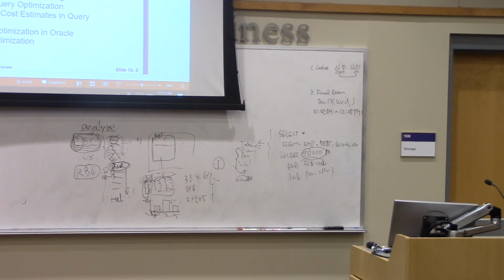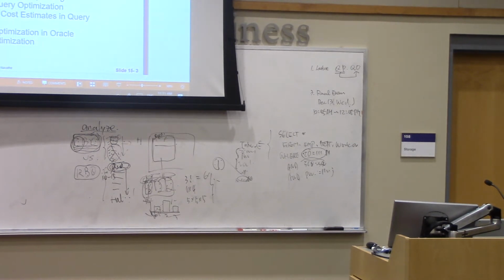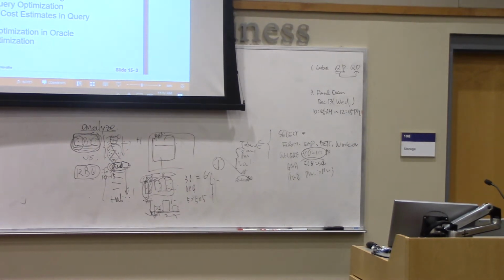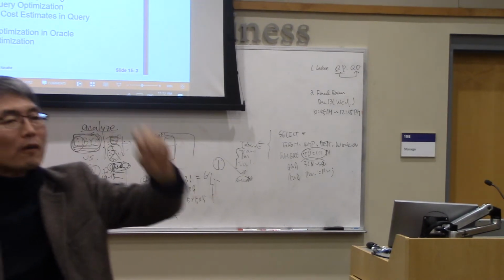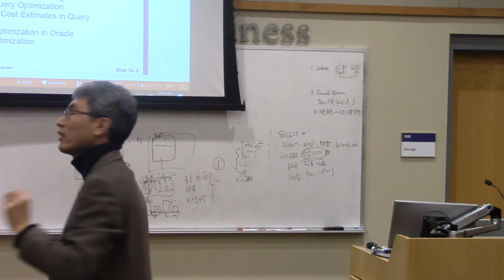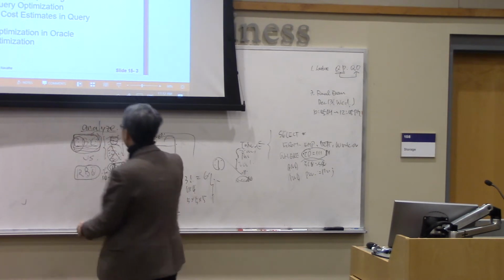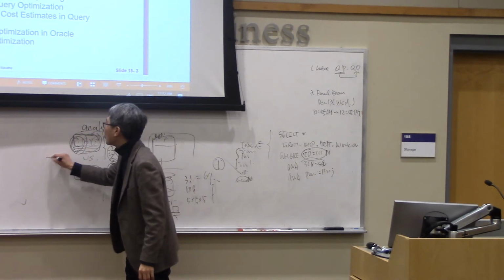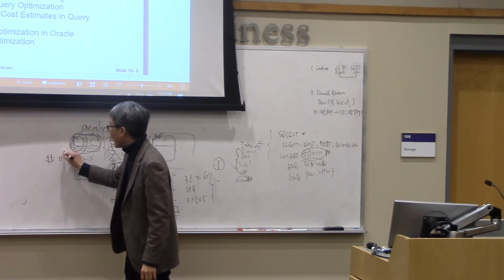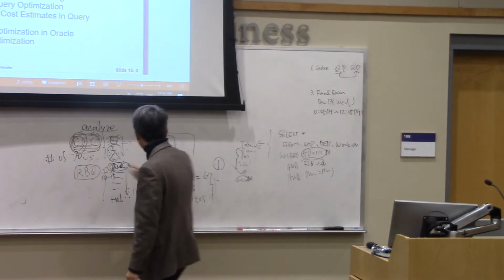Among them, the most critical resource is the I/O. How many times do we read the data from the secondary storage? That is 99% of the overhead. So we just count the number of I/O when you access the data.